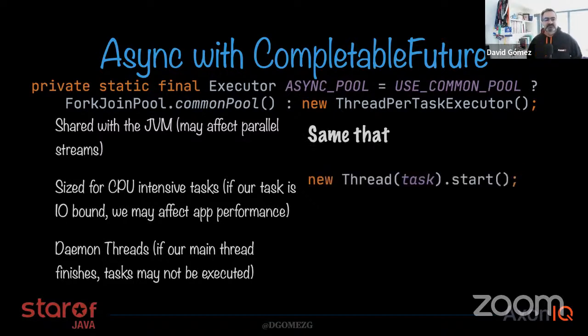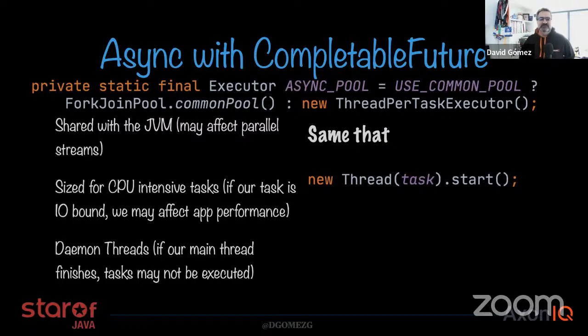On the other side, it could be that the CompletableFuture or the JVM has decided to use the new thread per task executor, whose implementation is that you create a new thread per task and start the task. But that brings us to the very first slide of our presentation.